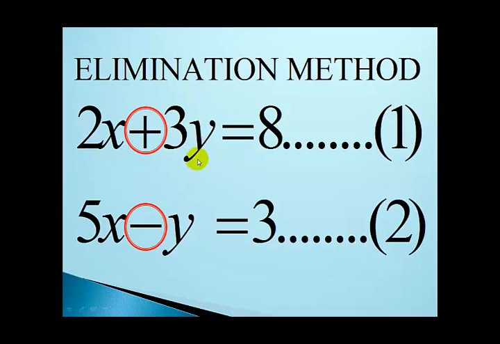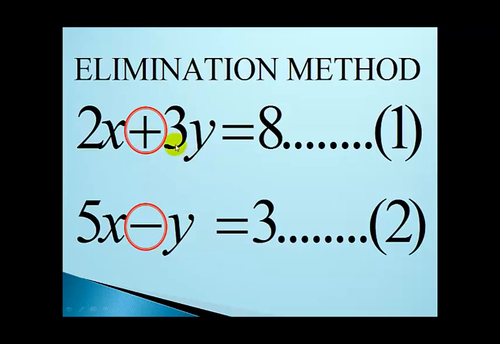Take note that when the signs are the same, that is when the two signs are both positive, we subtract one equation from the other. But when the signs are opposite, that is we have plus and minus, we add the two equations together. After considering the sign, the second thing to take note of is the coefficient of y in both equations.